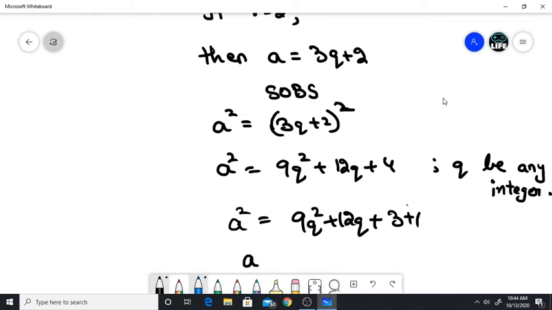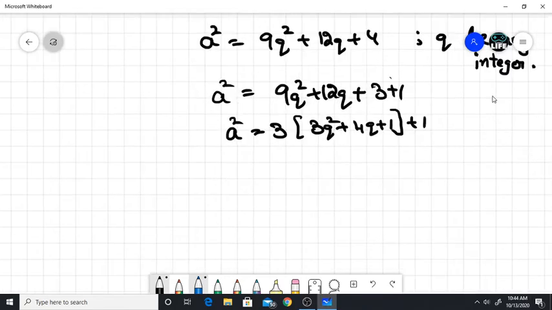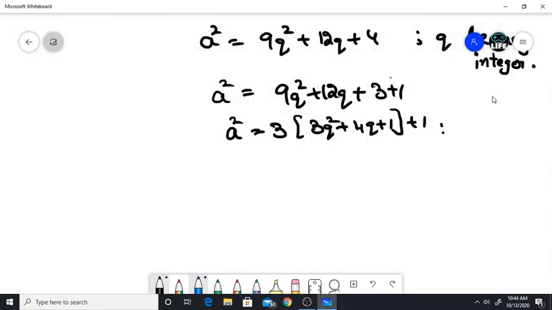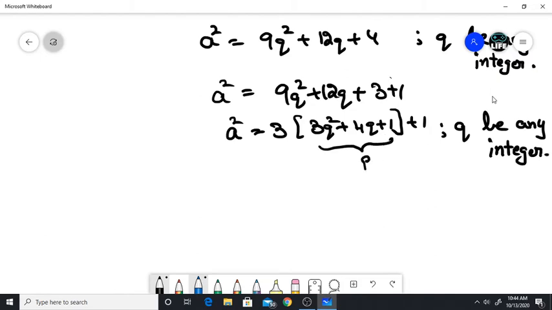Now take 3 as common: you get 3 into 3q square plus 4q plus 1, plus 1, where q is any integer. Take the full bracket as p. So a square equals to 3p plus 1. Mark it as 3.